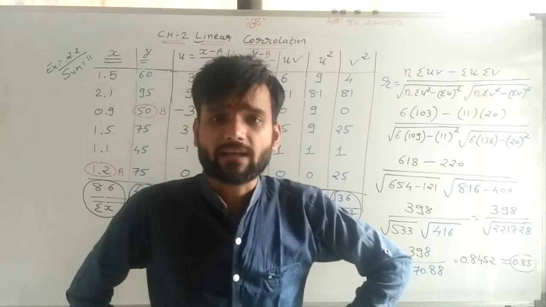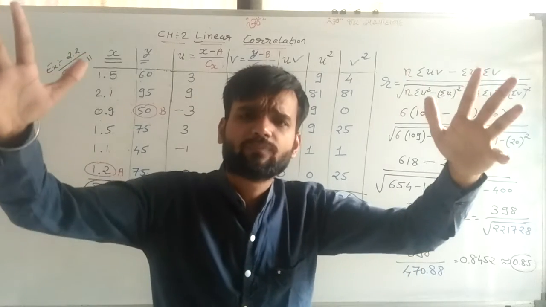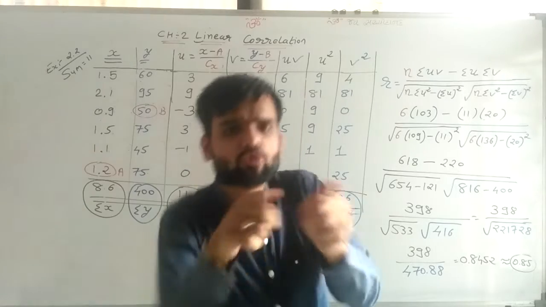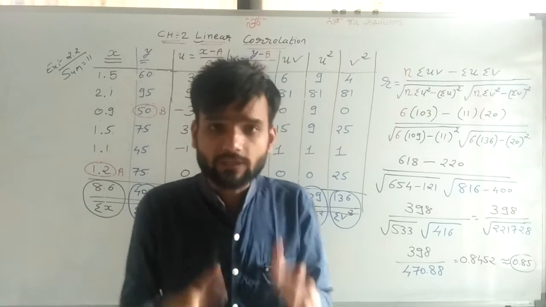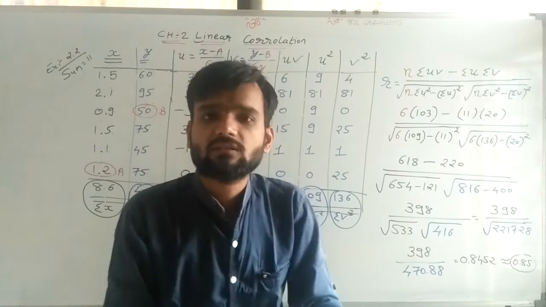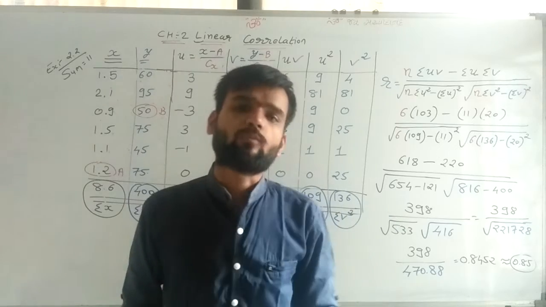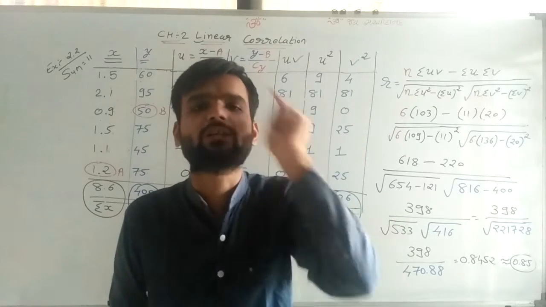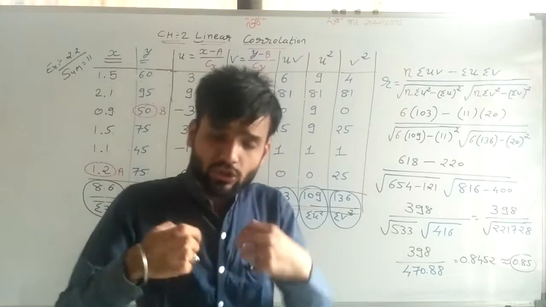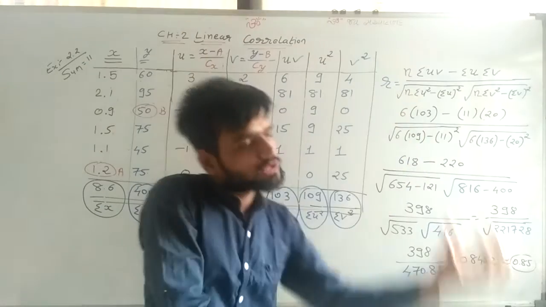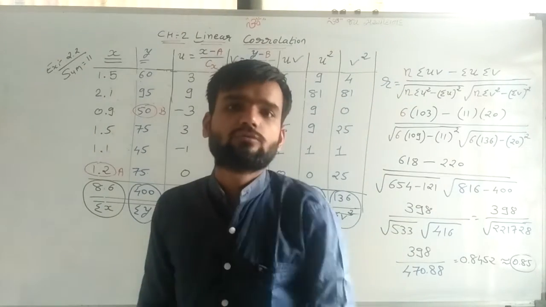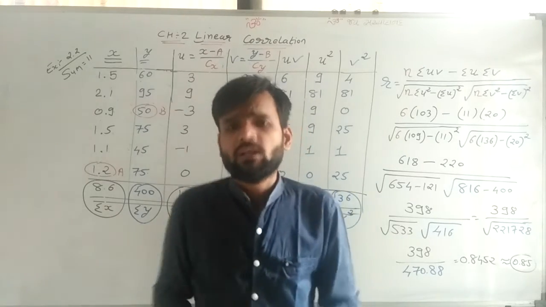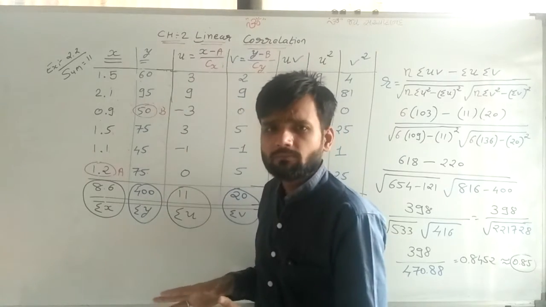Whenever values of x are very large and we want to convert them into small values so that calculation becomes easy, then use the UV formula, N sigma UV minus sigma U sigma V. We use that formula when we need to convert large values into small values.